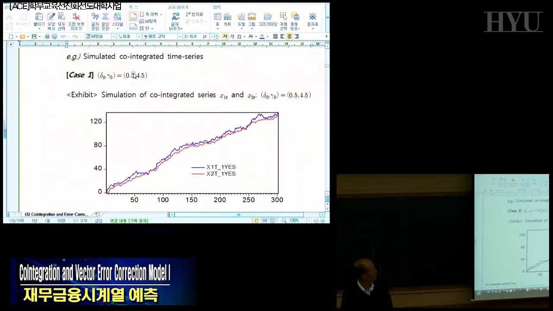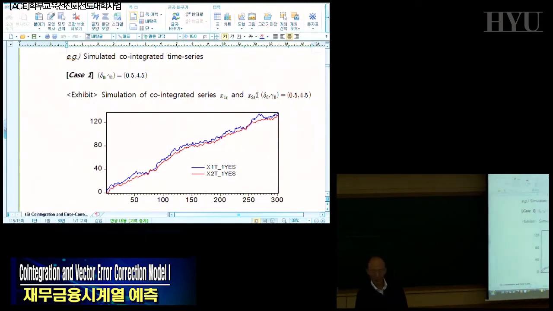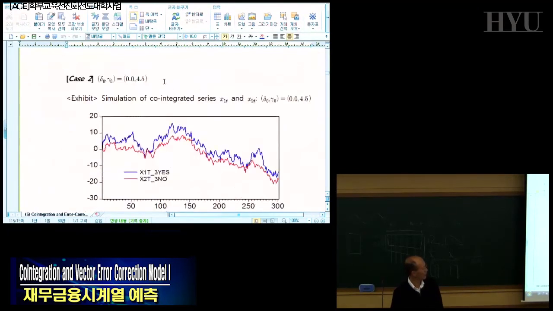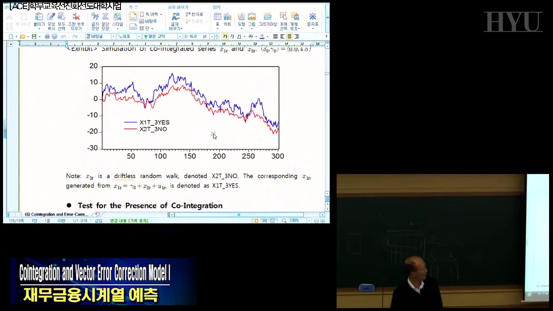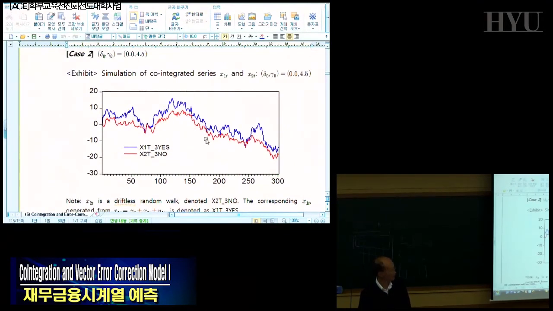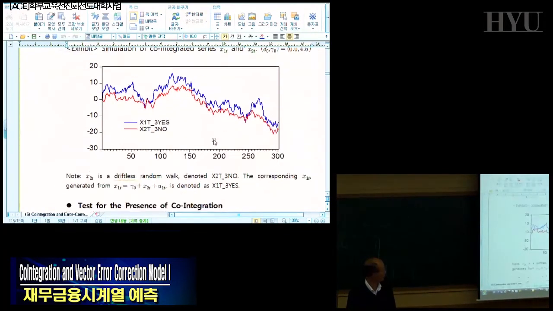Because of the non-zero rate of drift before, it was aiming more or less this way. But because it is set to 0, now it's wandering either here or there, not showing a strong trend. But anyway, these two series still show a tight relationship over time, governed by this long-term relationship. Okay.